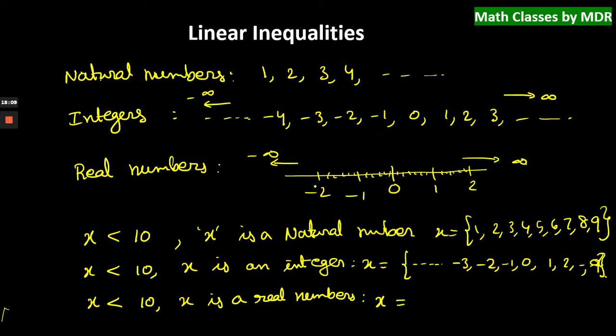Here we consider all the numbers in the set of real numbers. So we represent it in a different way: we take up to 10 and down to minus infinity. We just write minus infinity to 10 in open brackets. That will tell you that x belongs to all the real numbers which are less than 10, right?